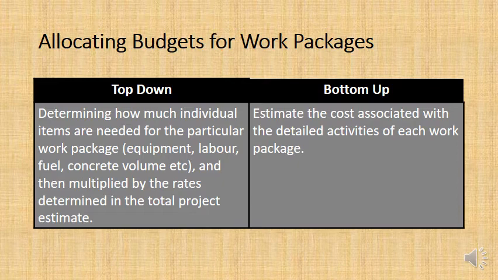Now, this is a top-down approach where basically you're trying to see where the work package fits in the entire project. Now, the trouble with doing this top-down approach is that often you can under-budget the total budget cost for the project. So let me explain this.